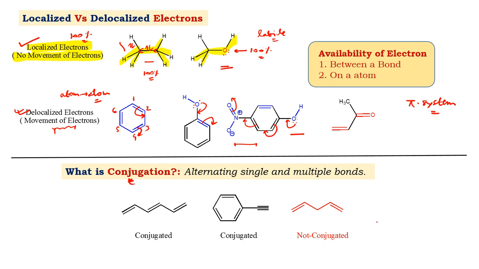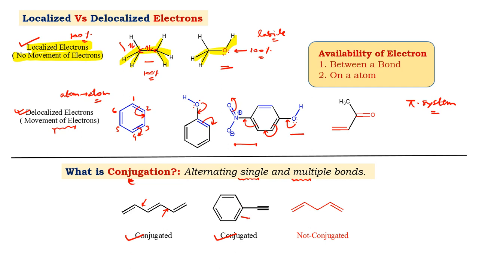We have three examples. In the first two examples, the definition tells us what conjugation is. Conjugation is nothing but the presence of alternating single and multiple bonds. In the first example, a double bond is separated from the second double bond by a single bond. This is the same concept over here. So alternating single and multiple bonds is the identity of conjugation.